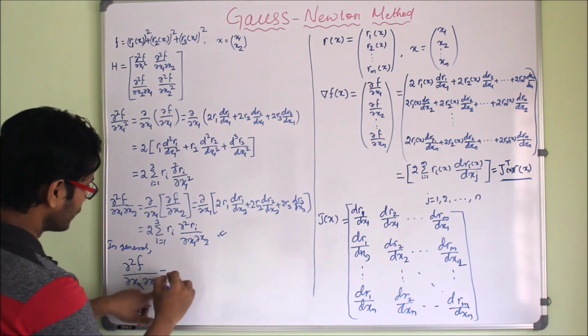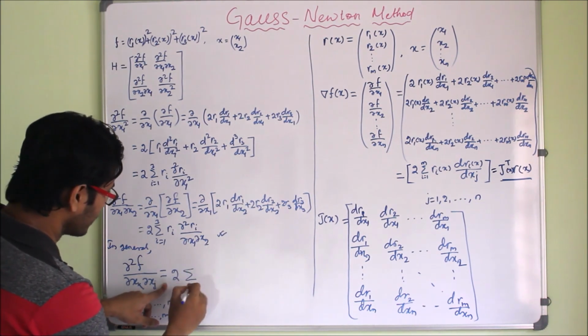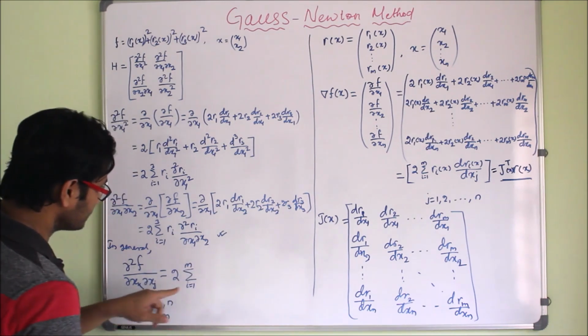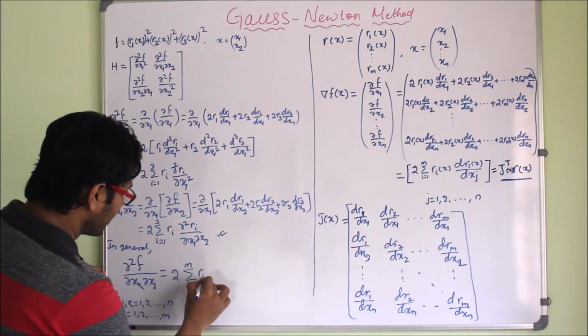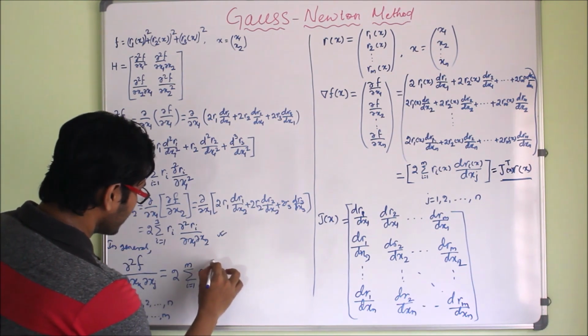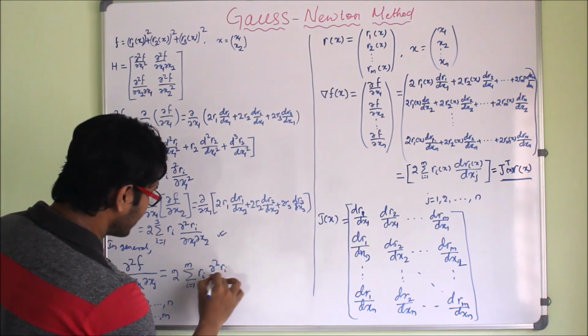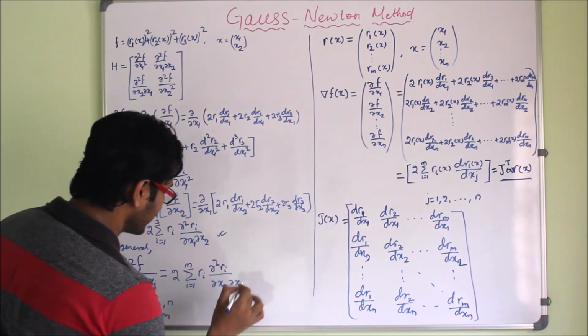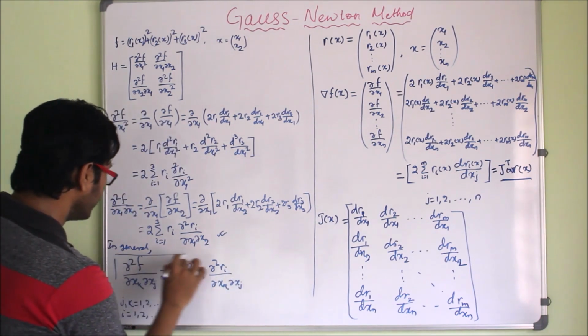Then it will be 2 into summation of i from 1 to m, Ri, ∂²Ri/∂xk∂xj. So we'll use this.